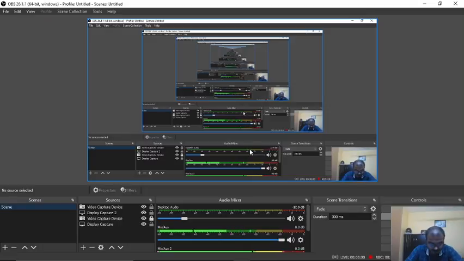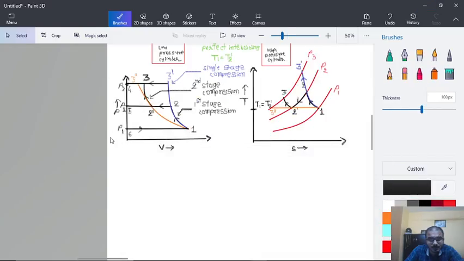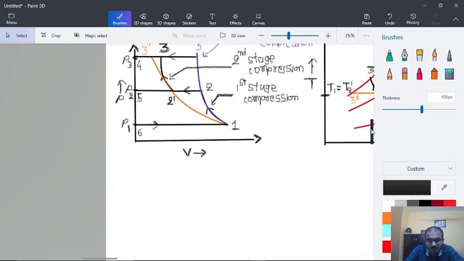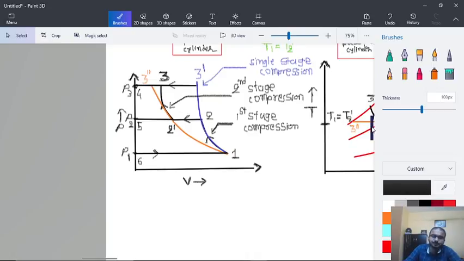So now what we will be doing here is we will specifically focus on this, and we will obtain the work done and the condition for minimum work. So this is going to be a purely derivation. So first of all, let's focus on the figure.